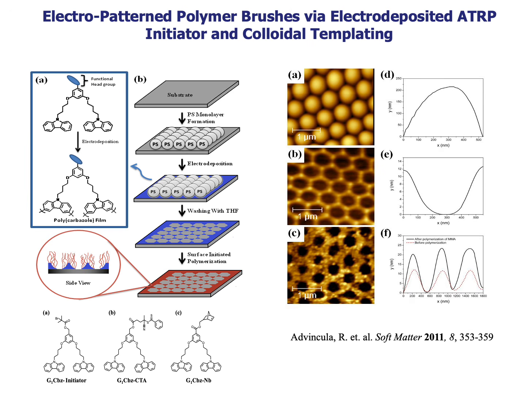So these are macroinitiators for ATRP, RAFT, and metathesis polymerization, resulting after the polymerization, let's say, of polystyrene in a polymer brush configuration as shown here by AFM.